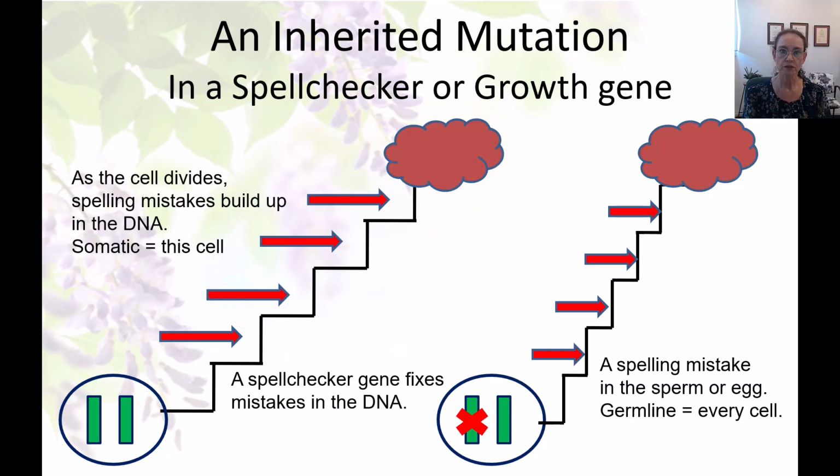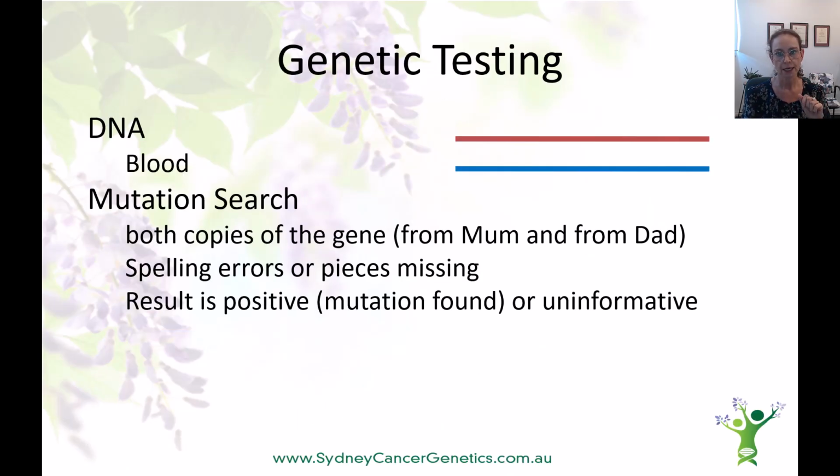So two forms of genes cause problems: spell checker genes and growth genes. If you've inherited a mistake, it's going to end up in every cell. And that's why when we do our genetic testing, we don't have to look anywhere tricky. Any cell with some DNA will do. The DNA is inside the nucleus.